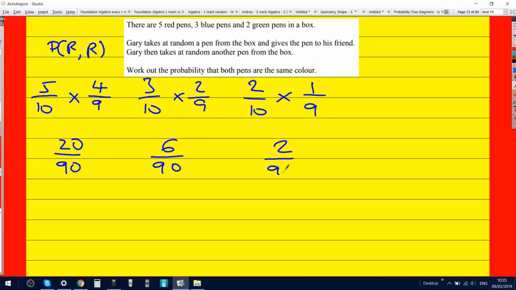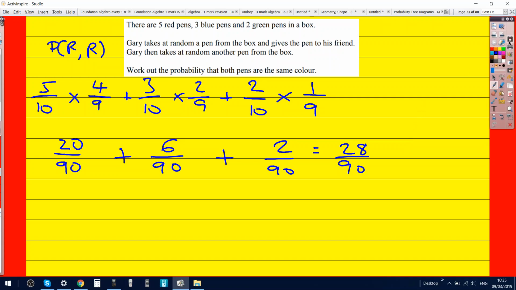And then I added them together, so it'd be 20/90 adds 6/90 add 2/90 gives me 30/90. 28/90, I believe. Yeah, sorry, 28/90. That's it. Any questions there?